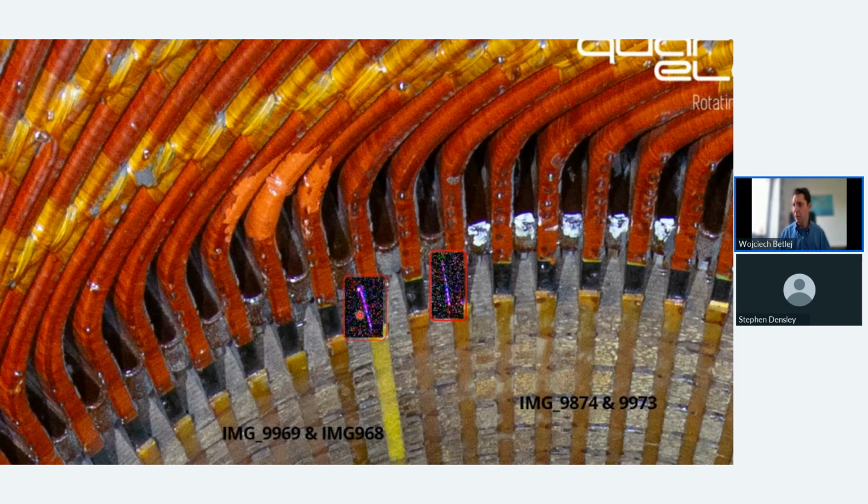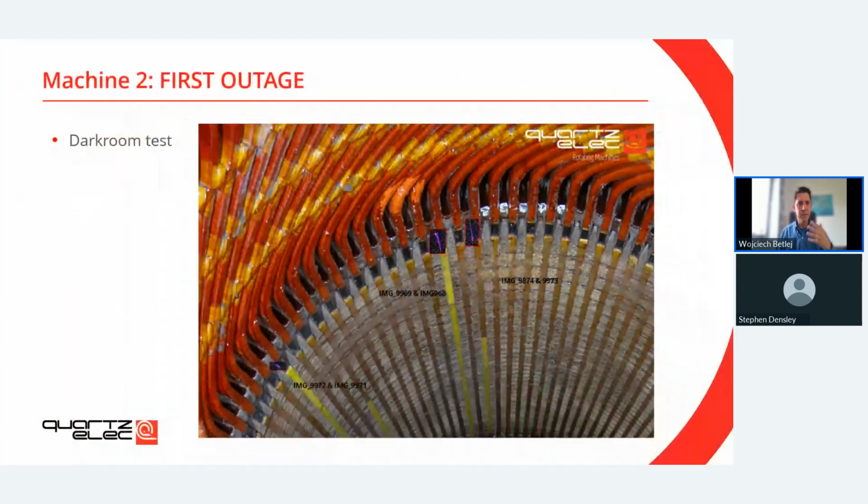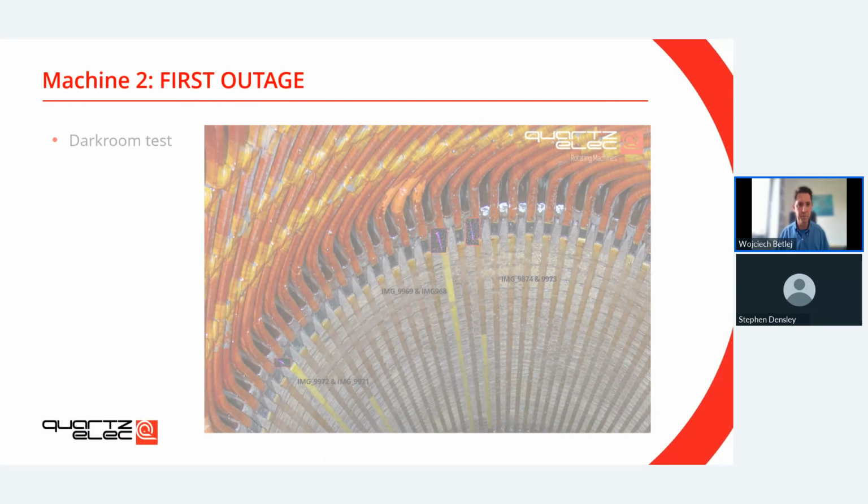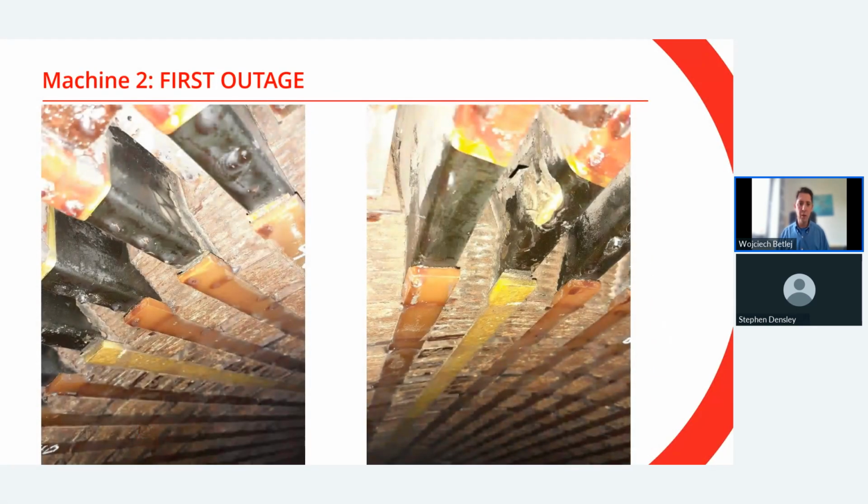You can see the evidence of partial discharge where there is a connection between the stator bar and the core. That's the darkroom test. And when you look closely at the location where the visible PD was present, you can see clear damage of the stator surface, pretty much in the location where, in the previous example, a refold occurred.